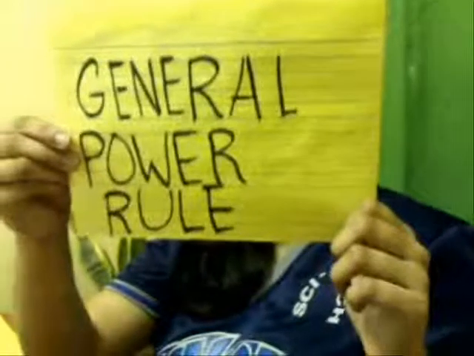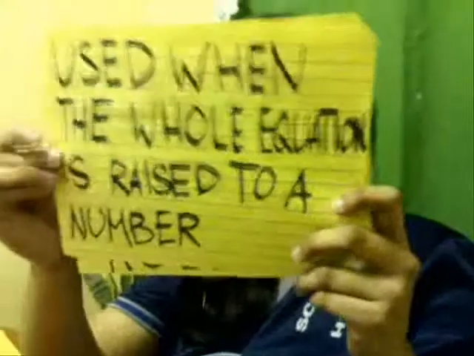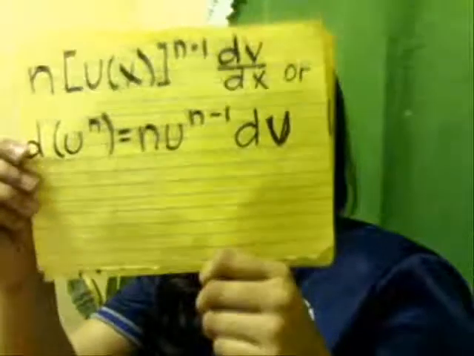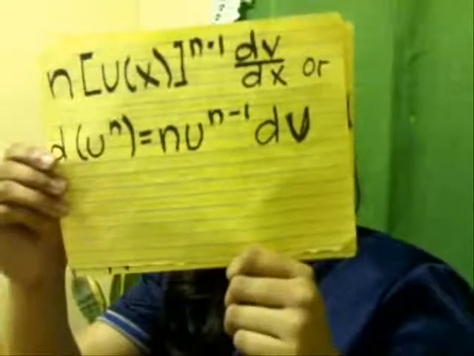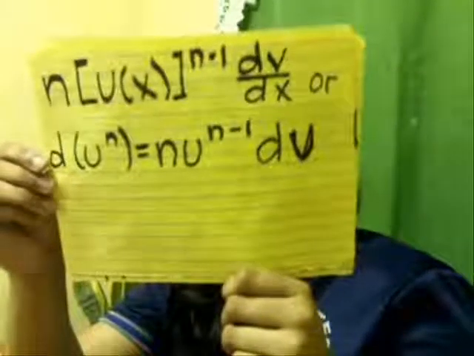General power rule. It is used when the whole equation is raised to a number. Its equation is n times the equation raised to n minus 1 times du over dx.